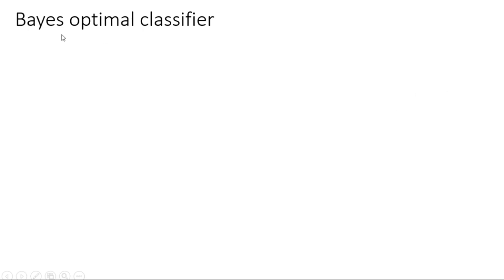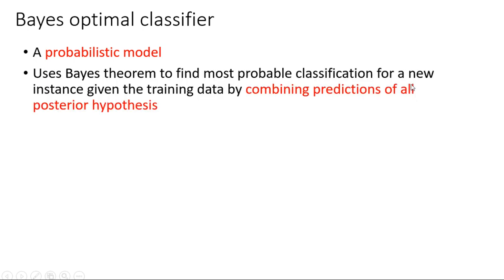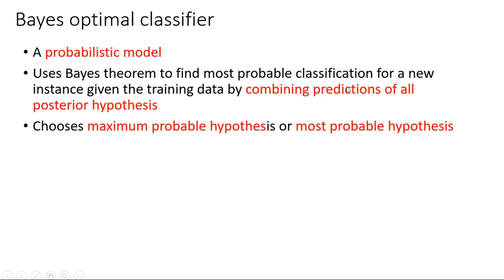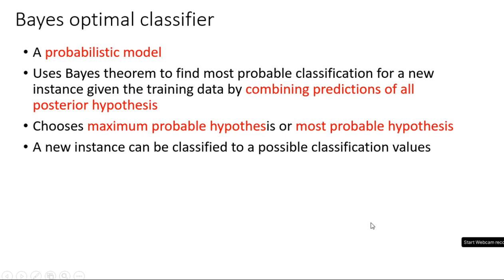There is one more classifier called the Bayes optimal classifier. This is also a probabilistic model, where we find the most probable classification for a given test data. We combine the predictions of all the posterior hypotheses, and from that we choose the most probable one.